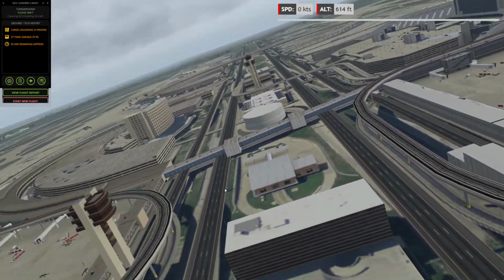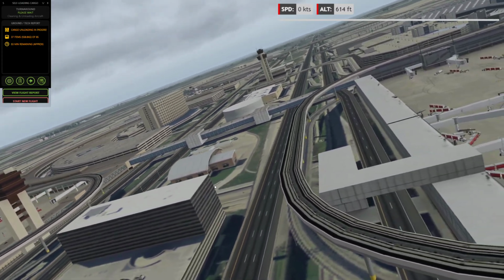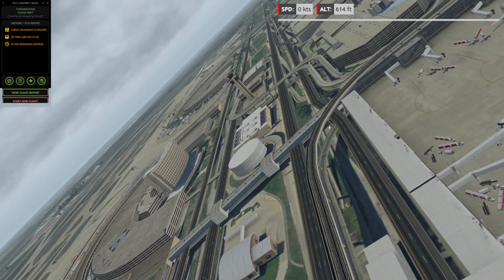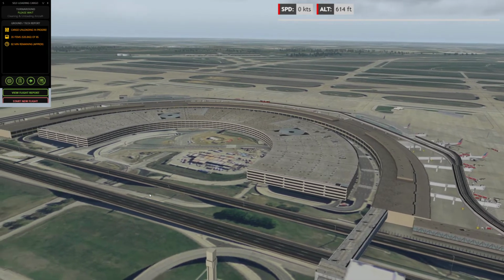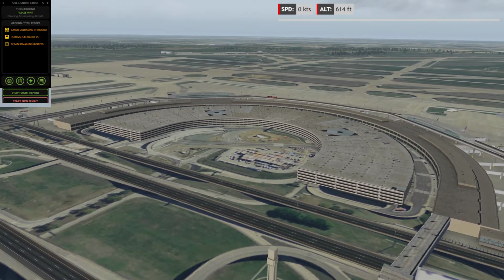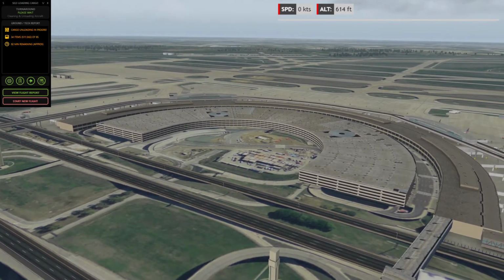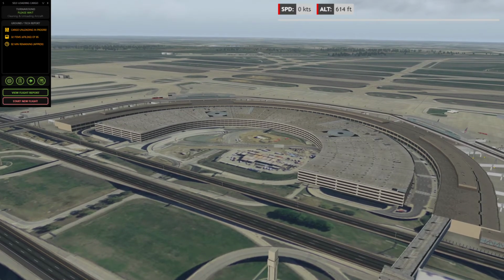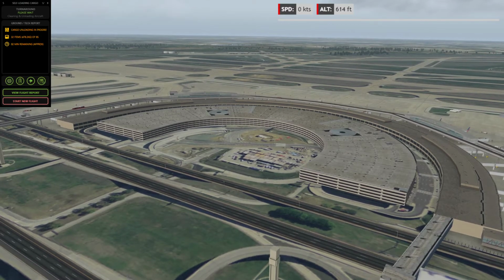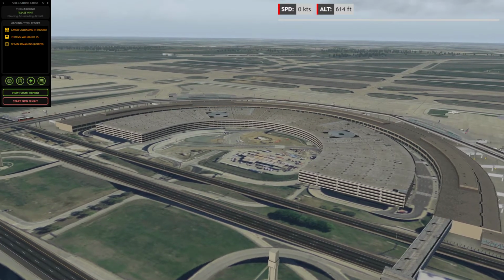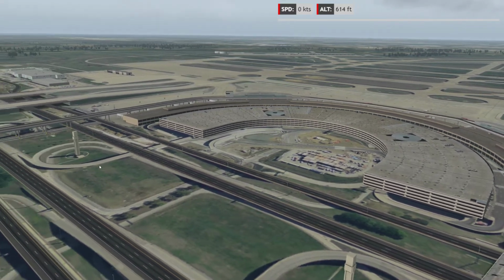I think the biggest airport, I'm not sure which one is the biggest. I've been to Detroit and I've been to LAX. I've been to... Oh, why is it doing that? All right, let's close that.